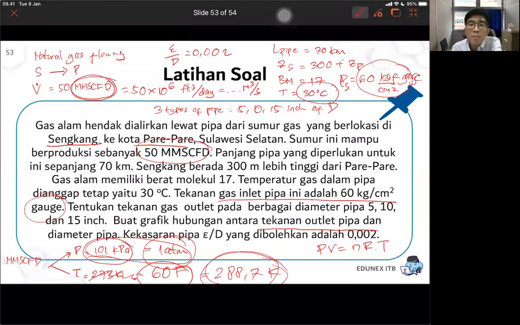Okay, for a certain amount of gas, when you change the pressure or the temperature, the moles will be the same, right? The mass of the gas or the mole of the gas will be the same. So basically, you can use the Boyle-Gay-Lussac equation.